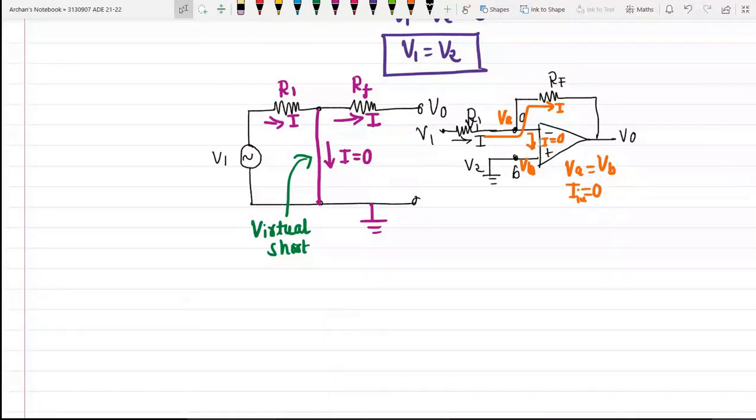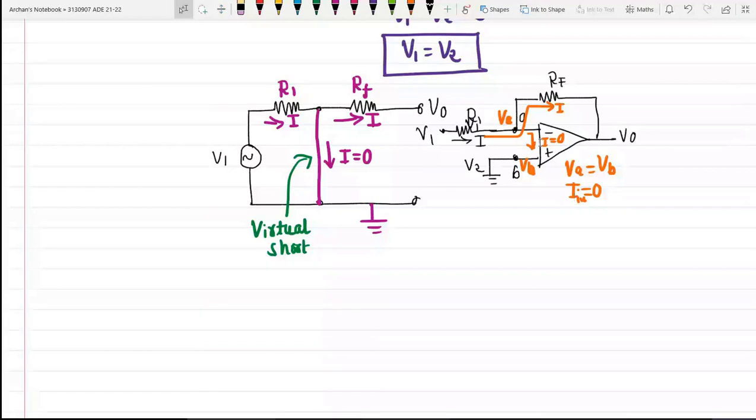These realistic simplifying assumptions are always used to analyze practical op-amp applications, and we will follow certain steps. The first step is that the input current of the ideal op-amp is always 0. Using this, the current distribution in the circuit is obtained.